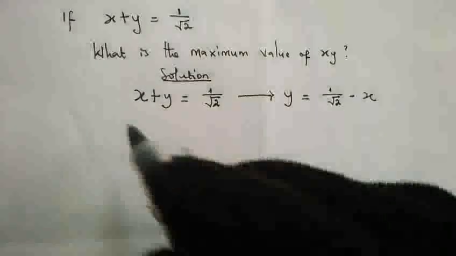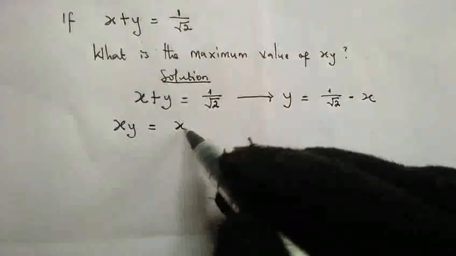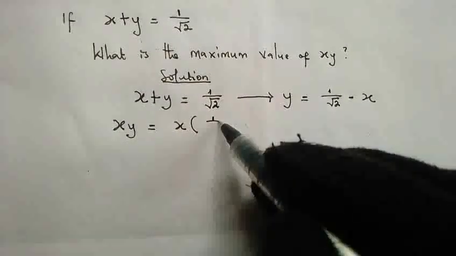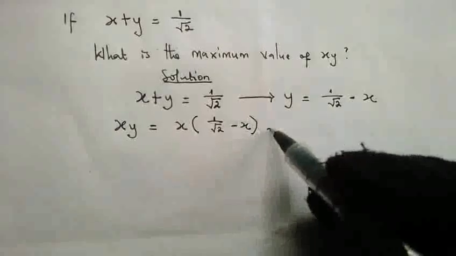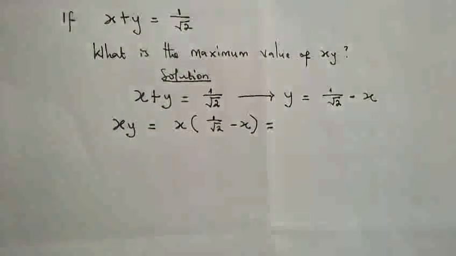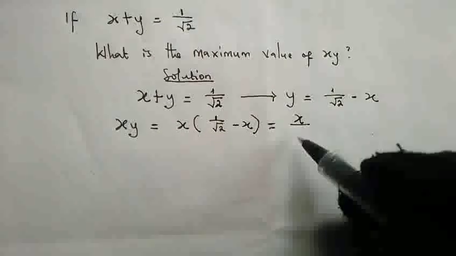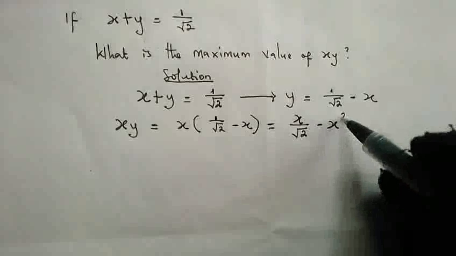Now we have x times y is equal to x, open bracket, the value of y, so 1 over root 2 minus x. And opening this bracket, we get x over root 2 minus x raised to 2.